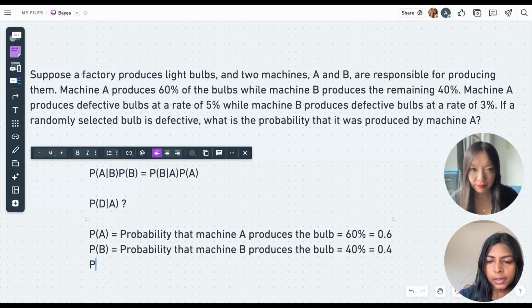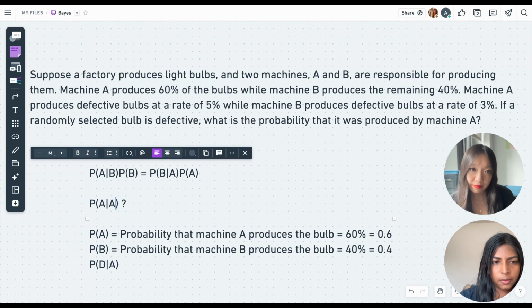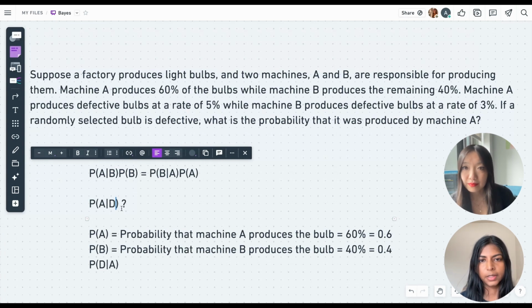So the probability of... Oh, actually, sorry, I made a mistake here. We actually want to find P(A|D), because here we know that a randomly selected bulb is defective.